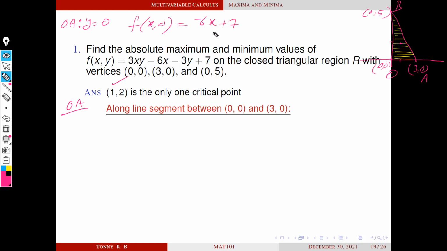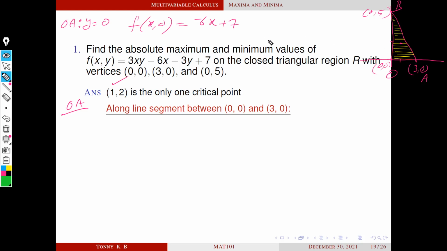This is the nature of the function on this line segment OA. This means along OA our function is a straight line, because this is a linear equation, -6x + 7. That means above this line segment OA, our surface is like a line.